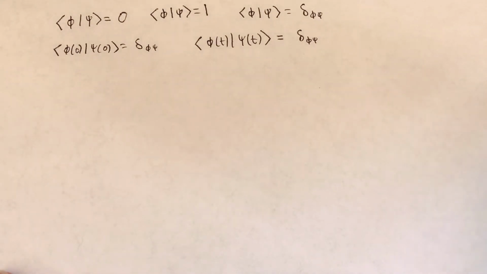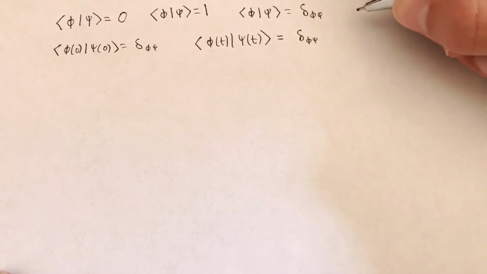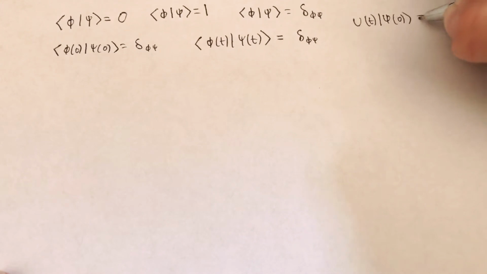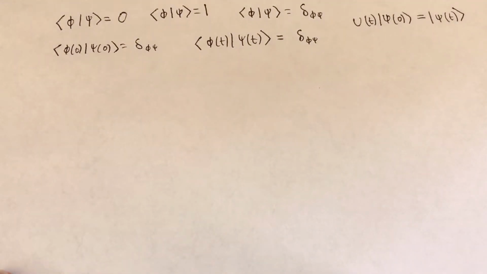Now, with this assumption under our belt, we can create some operator U of t that when it operates on a state psi of 0, it gives back psi of t, the evolution operator.